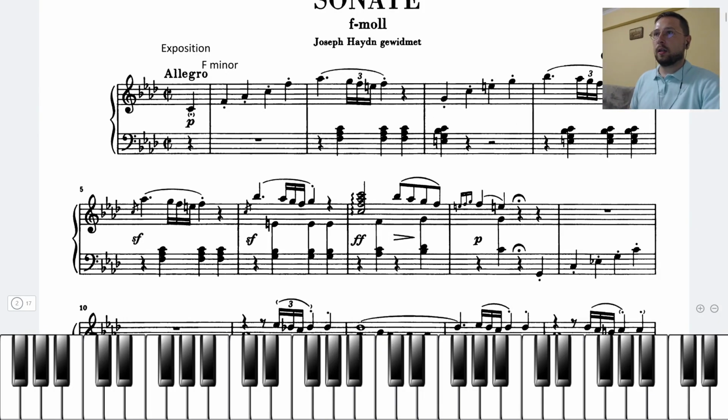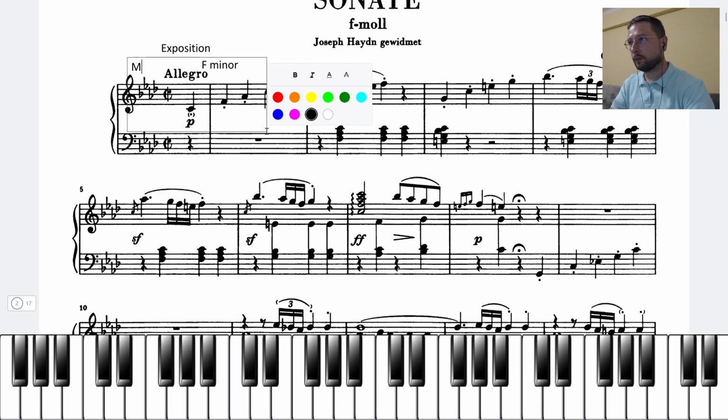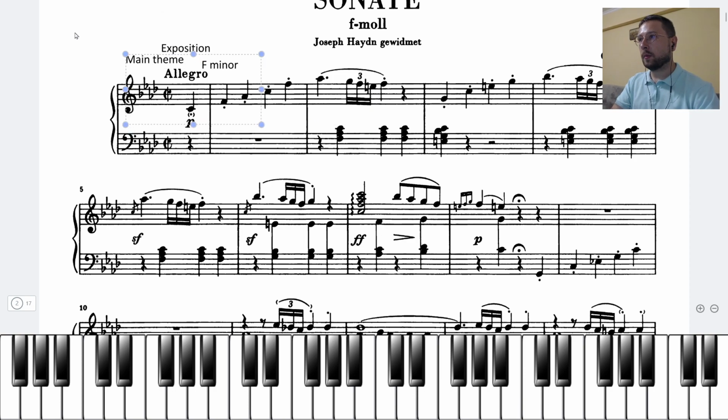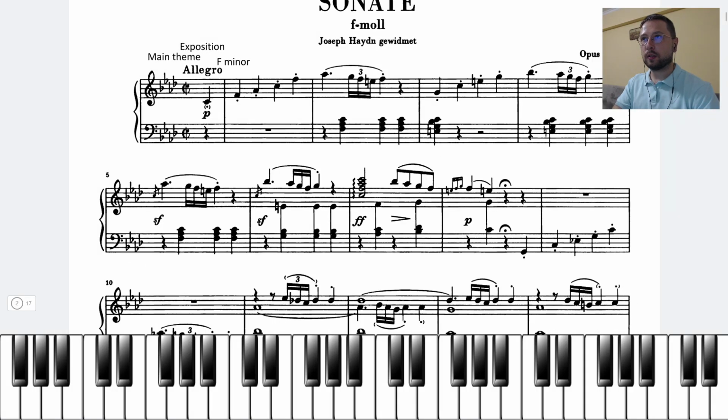So it's clear where the main theme begins. Main theme. And that is the beginning. And we have the first punctuation mark here, which is this rest. So let's listen to this bit.